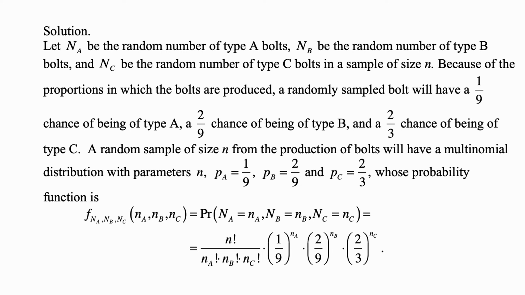The second one is twice the first one, and the third one is twice the sum of the first and the second one. A random sample of size n from the production of bolts will have a multinomial distribution with parameters n, PA equal to 1/9, PB equal to 2/9, and PC equal to 2/3, whose probability function is f sub NA, NB, NC of NA, NB, NC is n factorial over NA factorial, NB factorial, NC factorial times 1/9 to the power NA times 2/9 to the power NB times 2/3 to the power NC.